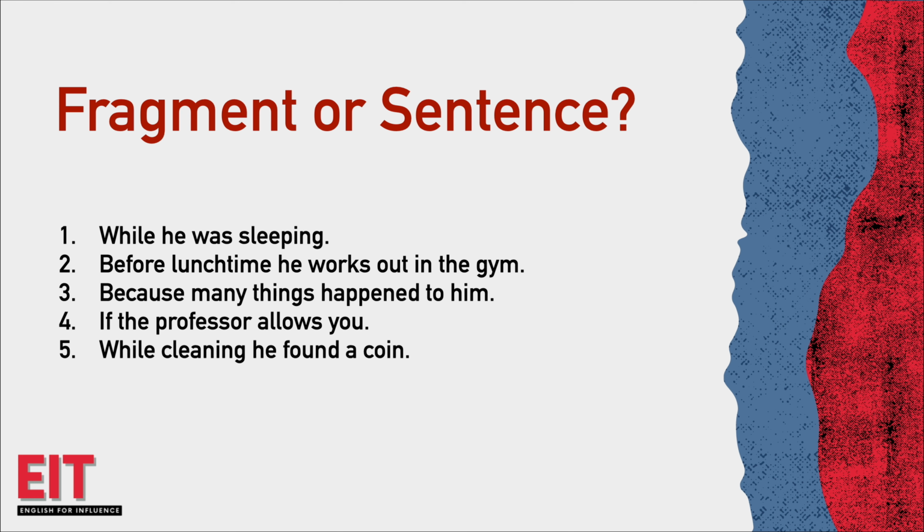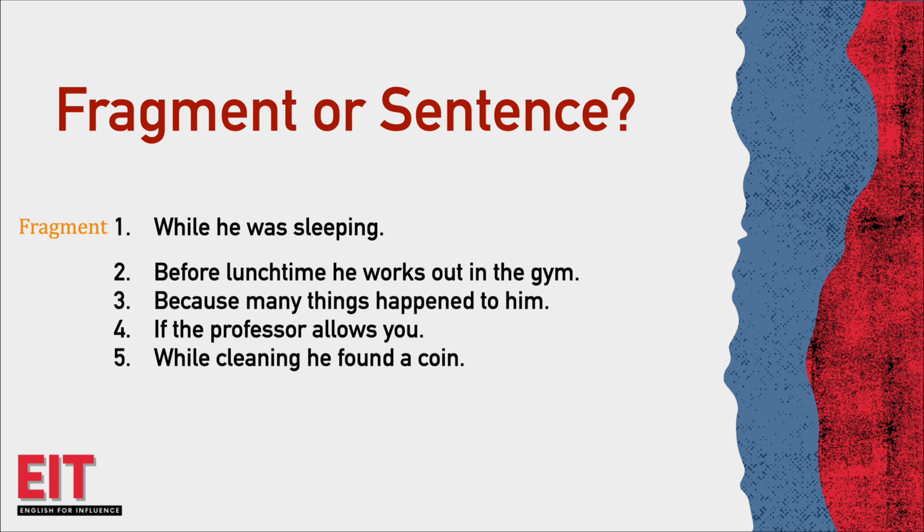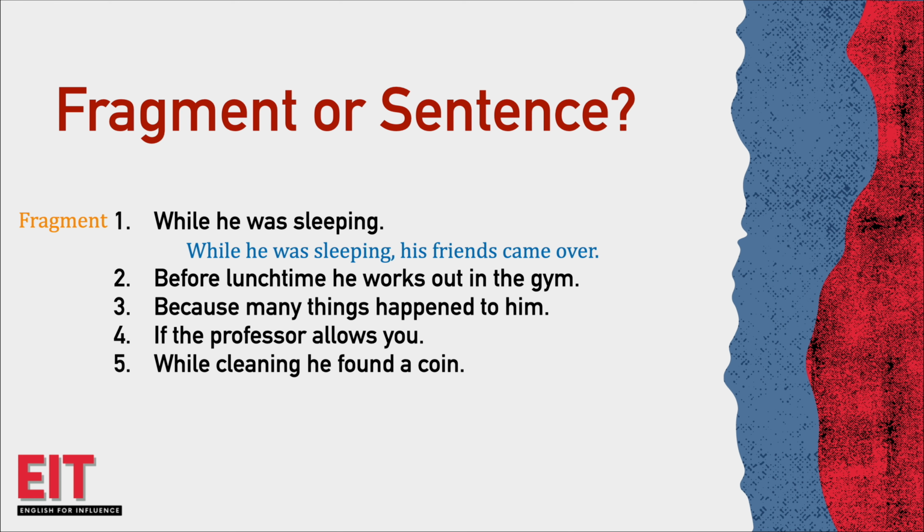Does it have a complete thought? No, it doesn't make sense. It's not complete. While he was sleeping, what? What happened? Therefore, this is a fragment. So we need to connect it to an independent clause. For example, while he was sleeping, his friends came over. Now we have a complete sentence.